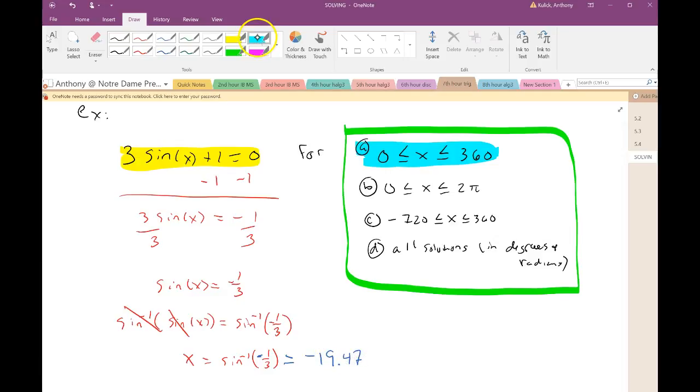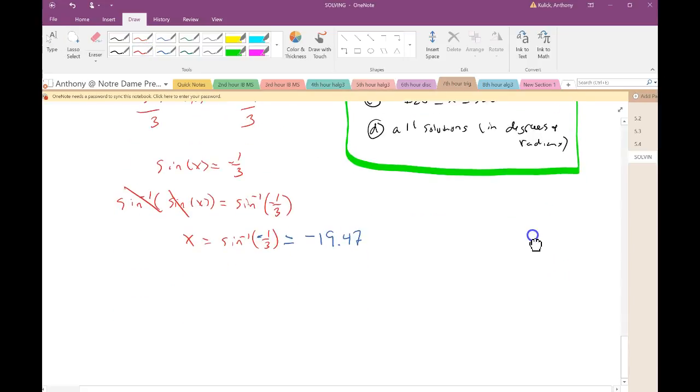Now, look at my answer again on where we're supposed to report that. Is that one of the values that I'm allowed to report? No. So what I'm going to do is draw a picture of what's going on to help me understand what answer I've just been given. Because I got an answer, but it's not the one that I was looking for.